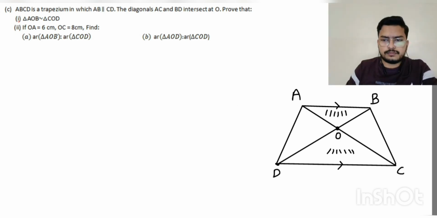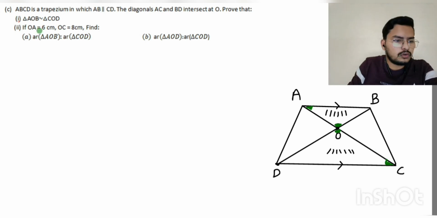You can clearly see that there is one vertically opposite angle, which I am shading right now. This angle and this angle, these two angles are vertically opposite angles, and clearly see that this angle and this angle are also equal. These are the alternate interior angles. So how can you write this?